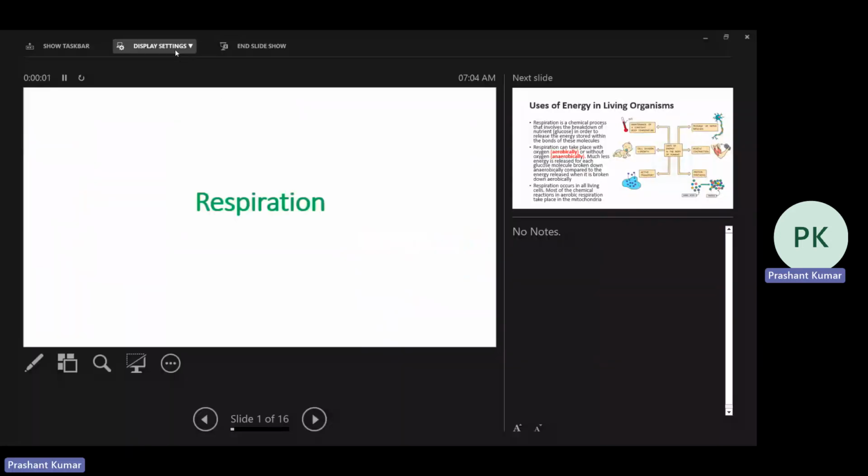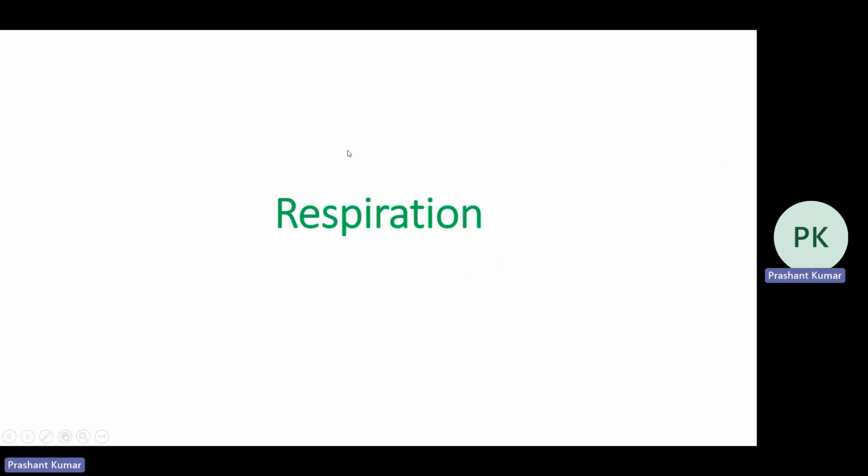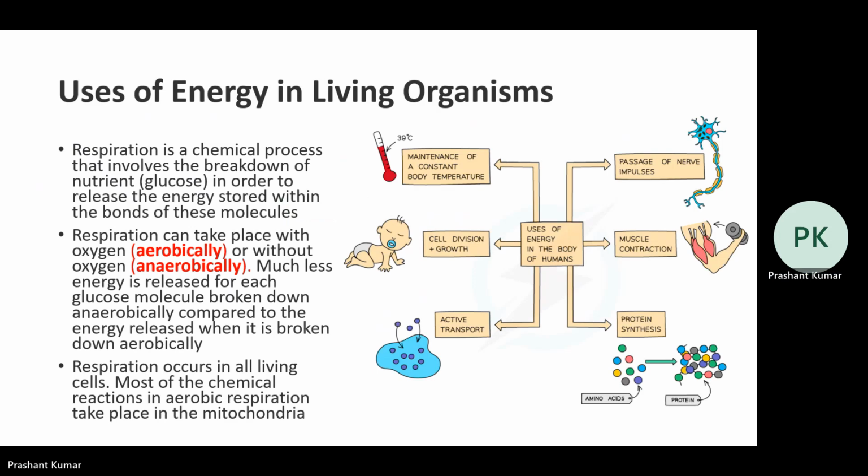So respiration is quite easy to understand. So without delaying it, let's continue with the topic. So where do we use our energy, which is produced by the process of respiration, whether it's aerobic or anaerobic? Let's begin with the table.